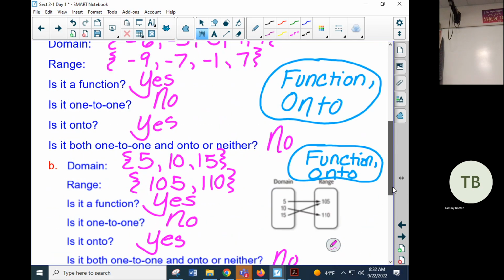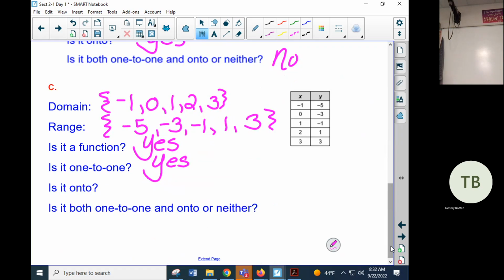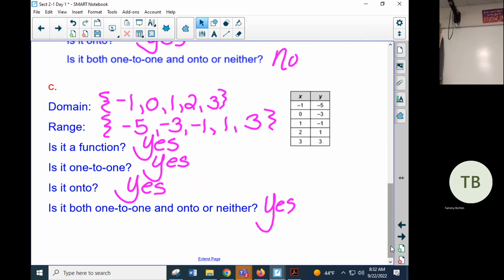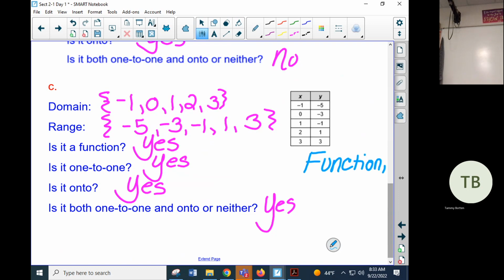So when you write this, it is both onto and one-to-one. So you could just say function and both. Or you could say function, one-to-one, and onto.